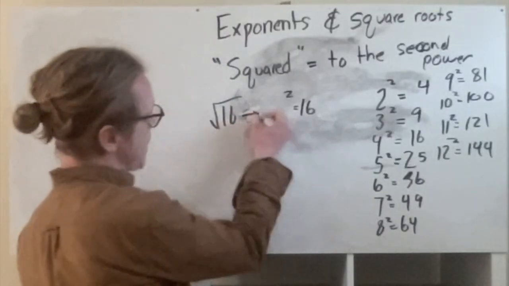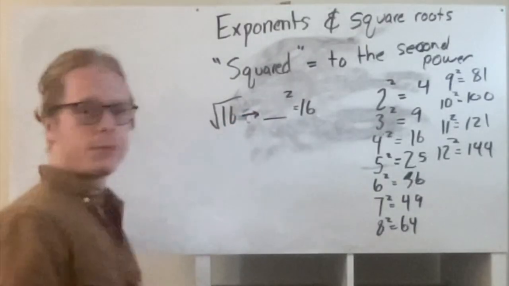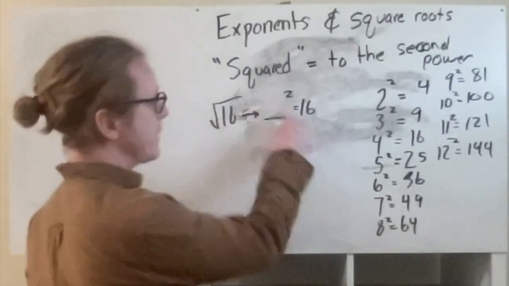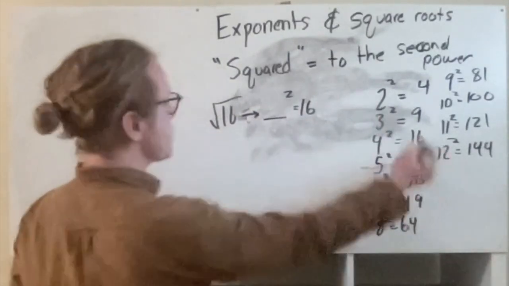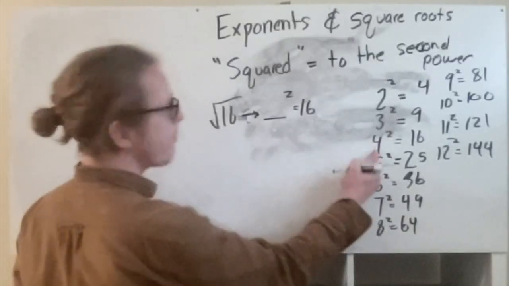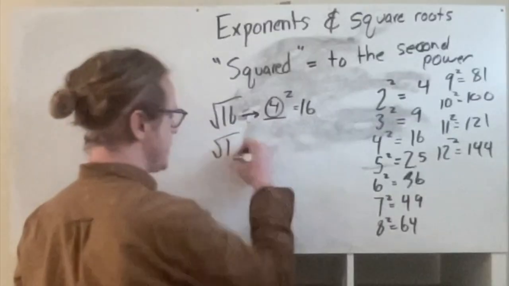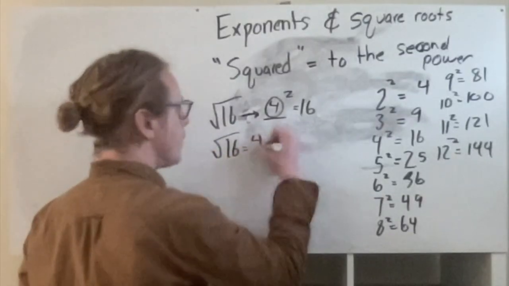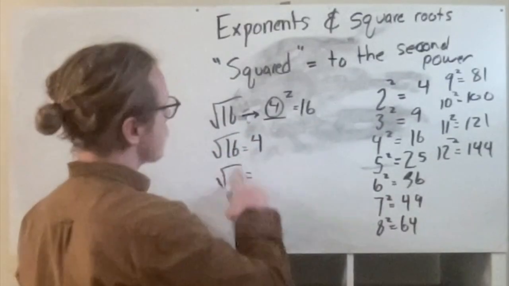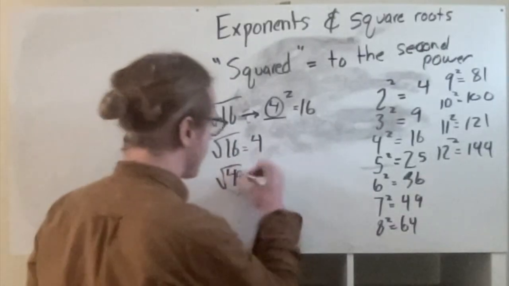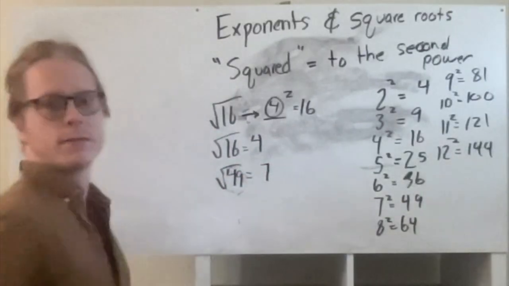That shouldn't be an equal sign. I'm sort of just transforming how we think about it, right? What number squared gives me 16? And because we have our perfect squares here, we know that 4 squared gives me 16. So the square root of 16 is equal to 4. The square root of 49 is equal to 7, right?